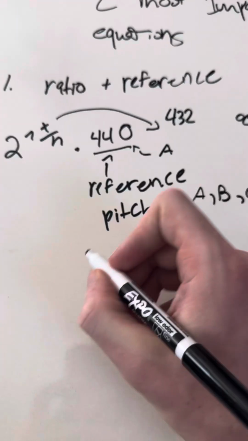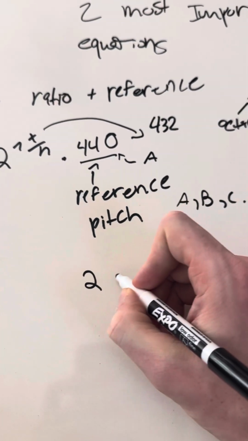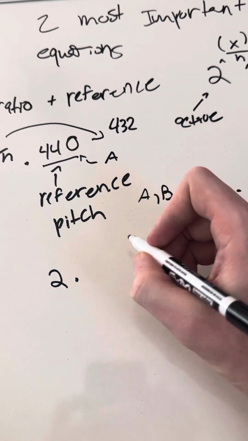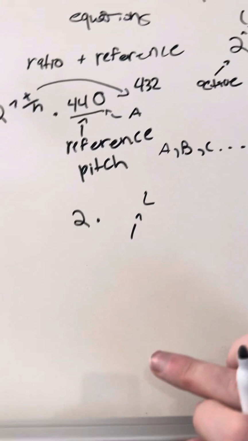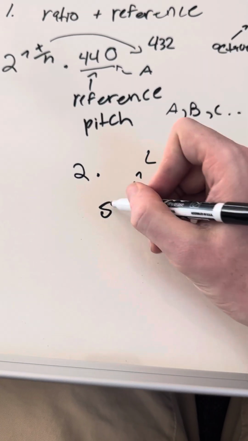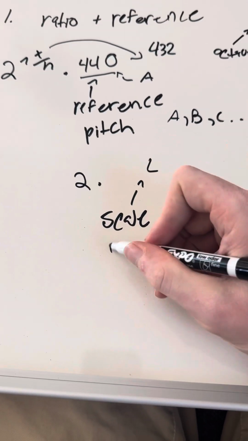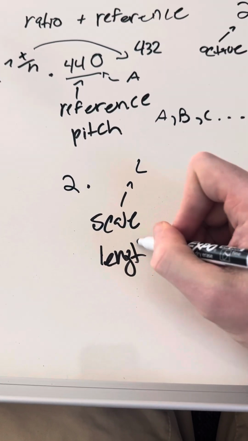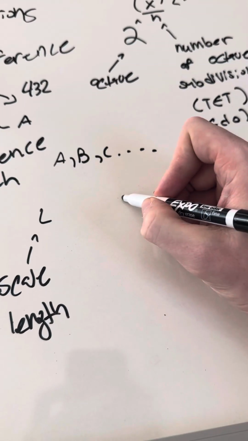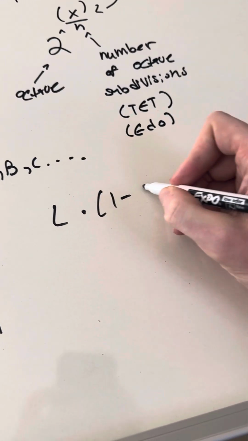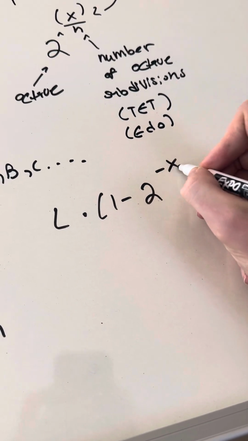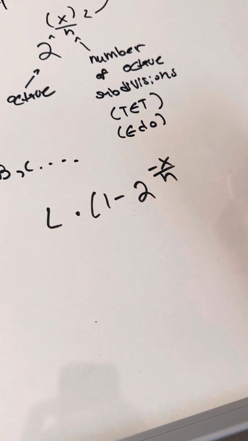Now, the second equation also makes use of our ratio, but it's going to be a little different. We're going to use L, which is going to be scale length, and then it's going to be L times 1 minus 2 to the negative x over n.